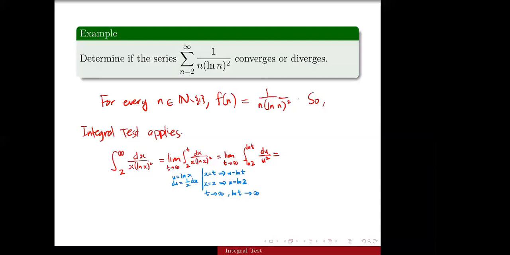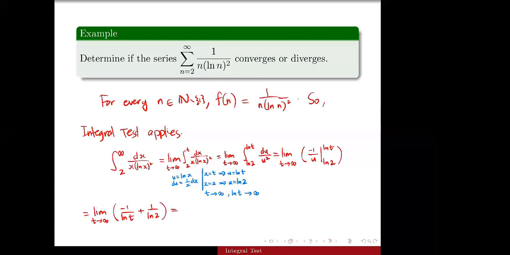If you integrate that, this is just negative 1 over u, evaluated from ln of 2 up to ln of t. So you have the limit as t approaches plus infinity of negative 1 over ln of t plus 1 over ln of 2.